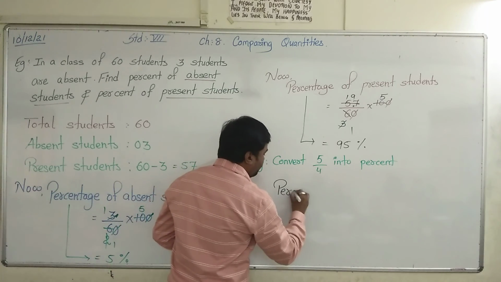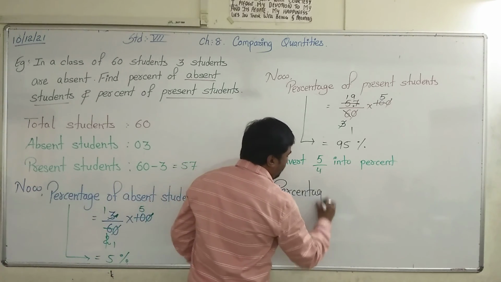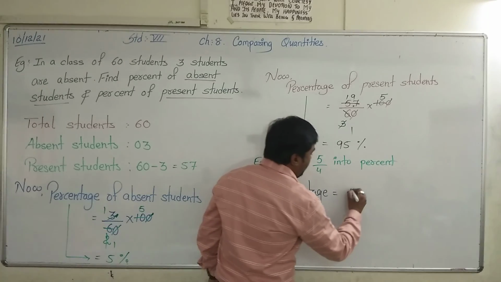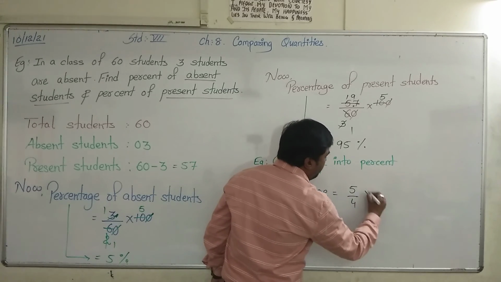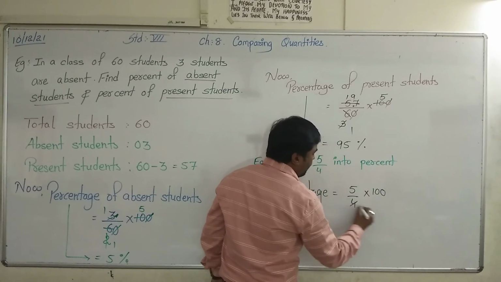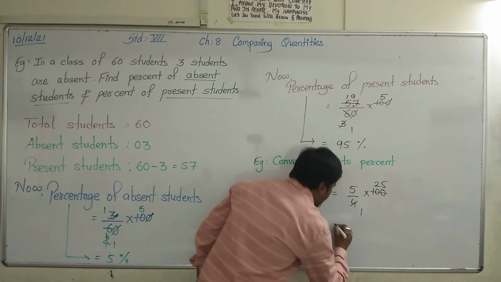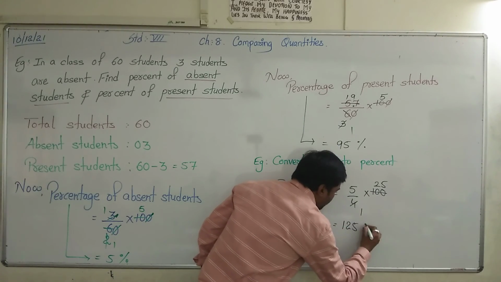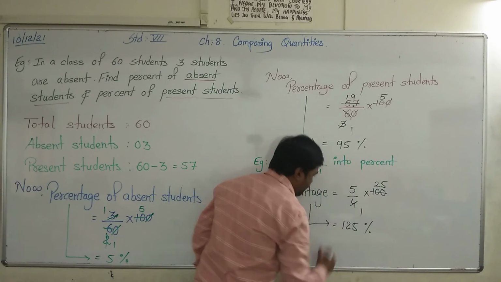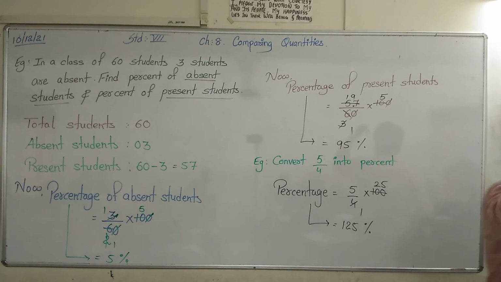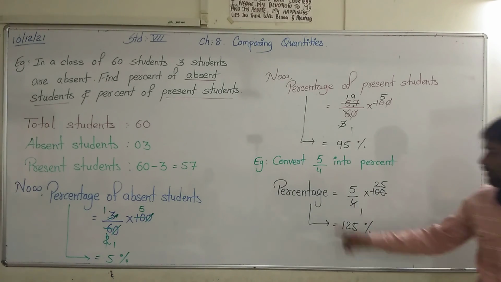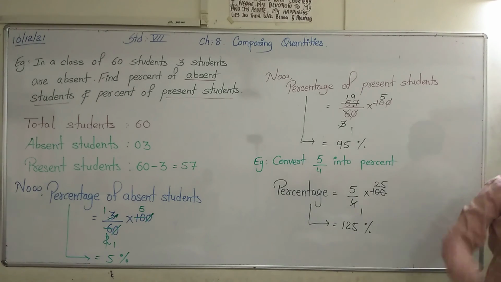Percentage is equal to the fraction 5/4 multiplied by 100. 4 ones are 4, 25s are 100, 125. So that will be 125%. Right, the numerator of the fraction is greater, so your percentage will always go higher. Are you getting that? It is a simple example, right?